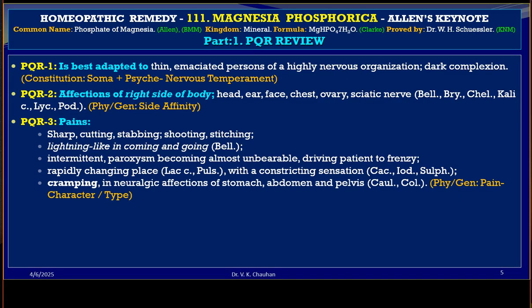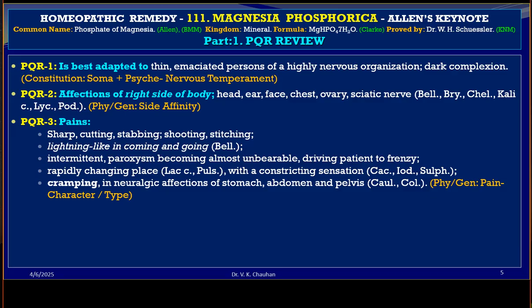Now, we have the cramping pain in neuralgic affections of stomach, abdomen, and pelvis. So what he is talking about is the hollow viscera. In the abdomen we have the stomach, small intestine, colon, then the common bile duct, the cystic duct, the ureters coming from the kidney going to the bladder, and in the pelvis there is the bladder and the uterus.